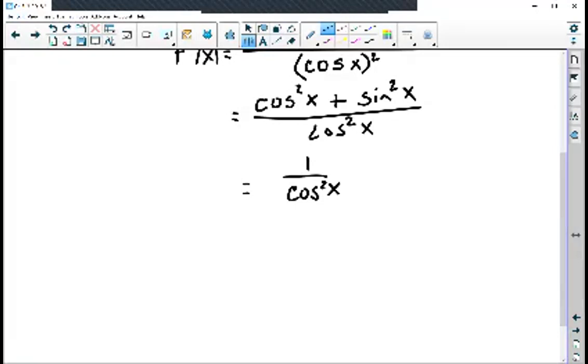It's another trig identity. 1 over cosine is secant, so this has to be equal to secant squared. Much better than doing the limit as h approaches 0, right?